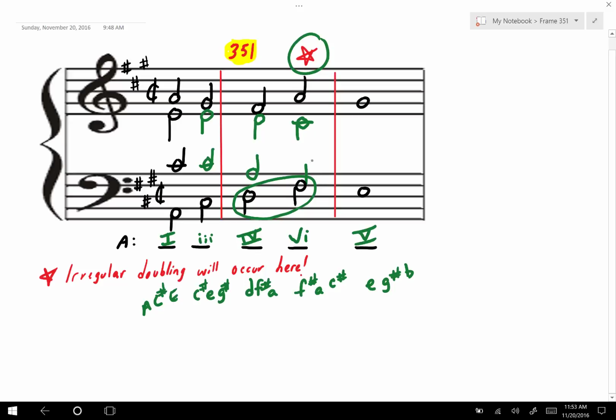So what I'd rather do is, instead of doubling the root, I'm going to put the A right there and double the third. So I've doubled the third, and I have 1 root and 1 fifth. And I would do it like so.